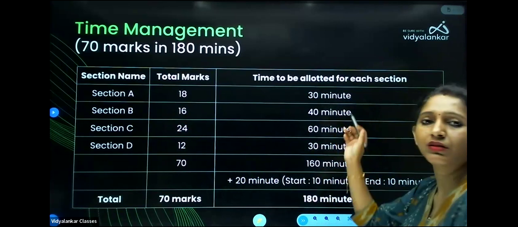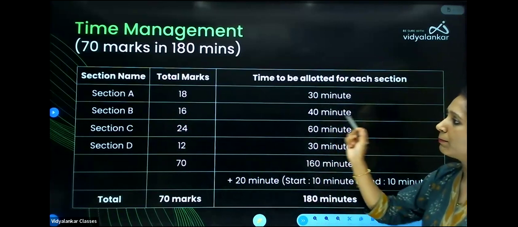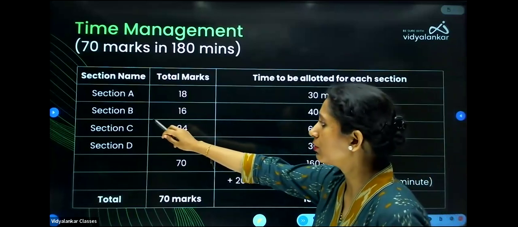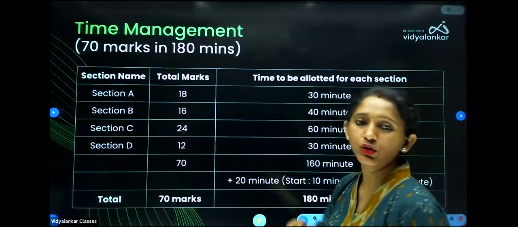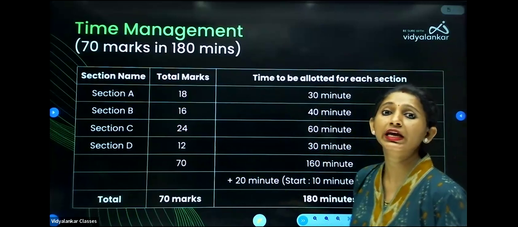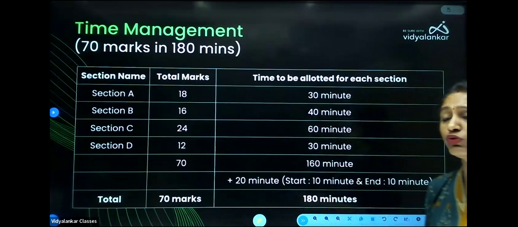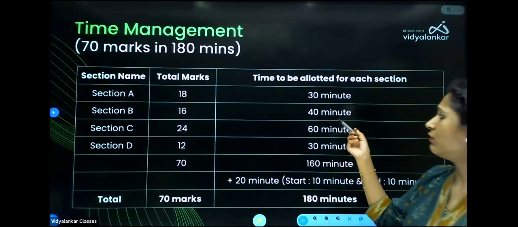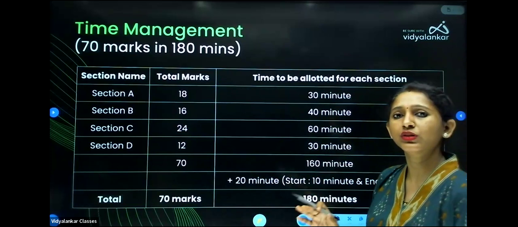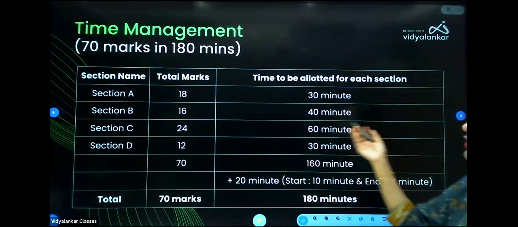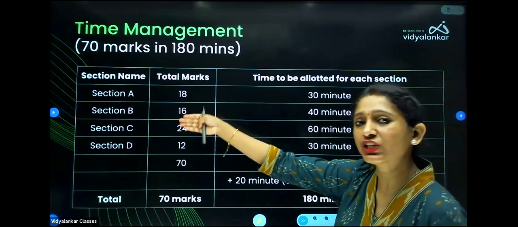So 30 minutes is more than enough to complete section A. Now, next, when we talk about section B, 2 mark questions, total marks are 16. You are expected to solve any 8 questions from the given 12. Here I find that 40 minutes is more than enough. If you give 5 minutes to each question, then you will be able to easily complete section B in 40 minutes.